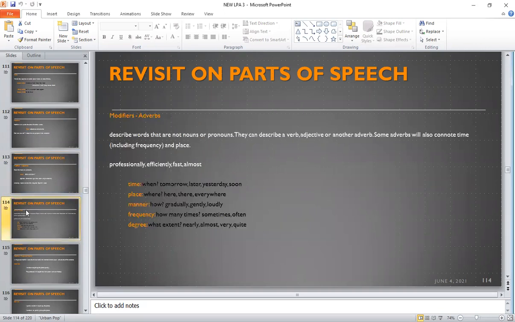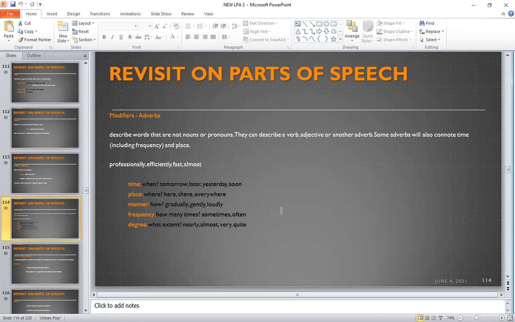Next, modifiers, adverbs. They describe words that are not nouns or pronouns. They can describe a verb, adjective, or another adverb. Some adverbs will also connote time, frequency, and place. Professionally, efficiently, fast, almost. For time, when: tomorrow, later, yesterday, soon. Place, where: here, there, everywhere.